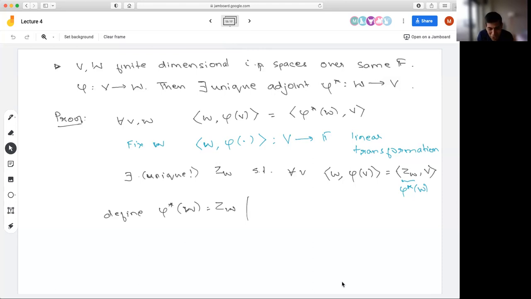Right. So one thing which I claimed is that phi star is supposed to be a linear transformation. It's not just any map, but a linear transformation. And that we didn't quite prove yet. So the question we still need to answer is whether it is linear.